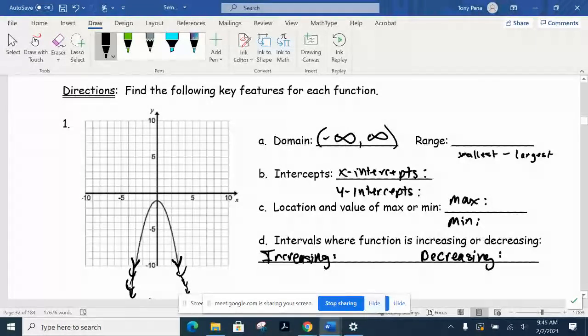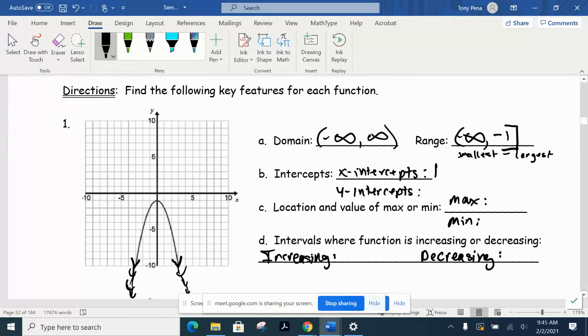The answer to that would be no. There is no smallest value because we continue to go to negative infinity. We go down, down, down, more and more. We do have a largest value, and that would be the y value of -1. And since we actually hit that value, you would need a bracket right there. So that's our domain, left and right forever. And then we go down forever, but we only go up to -1.